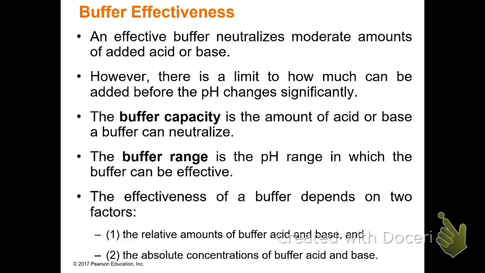And the effectiveness of a buffer depends on two things. The first one is the relative amounts of buffer acid and the base, meaning the concentrations, okay, the relative concentrations of the acid and the base, and two, the absolute concentrations of the buffer acid and the base.